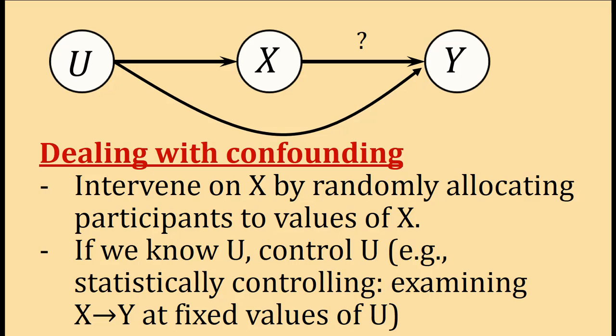We can make an intervention on X by randomly allocating participants to values of X, which means that we assign randomly participants to a group in which the value of X will be a specific value, and we assign other participants to a group in which the value of X will be different, and then we observe the effect on Y, and we do that allocation of participants in a random fashion. So that's one way we deal with confounding.